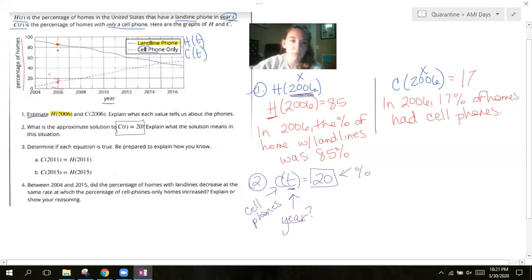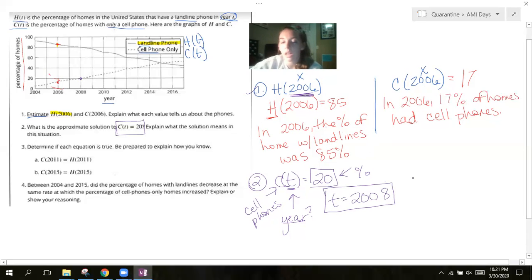So I'm going to go up to my graph. I'm going to look at 20%, and I'm going to go until I run into cell phones, which looks like it's about at that point right there. So what year is that? 2008. And it says explain what the solution means.